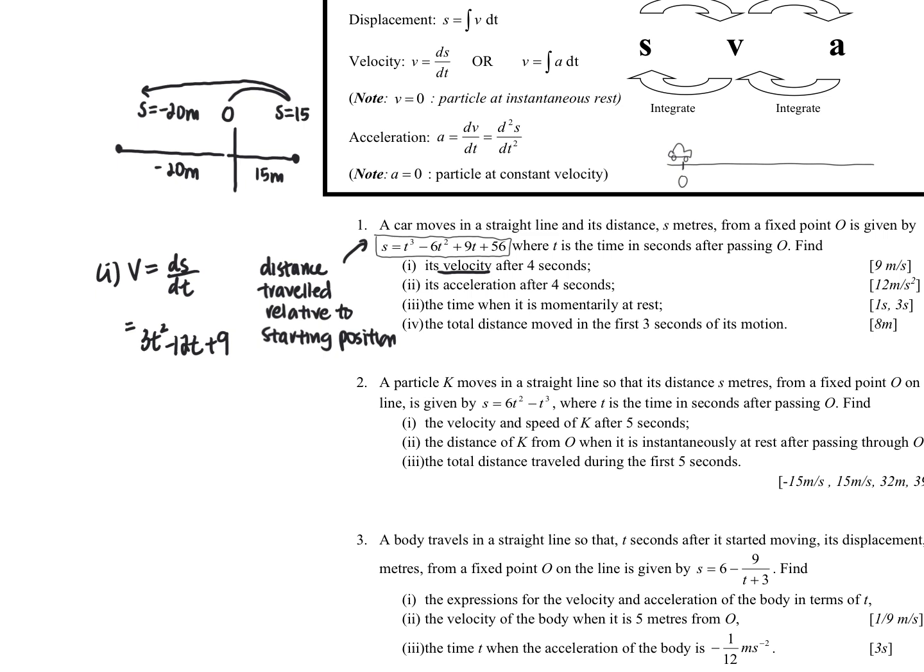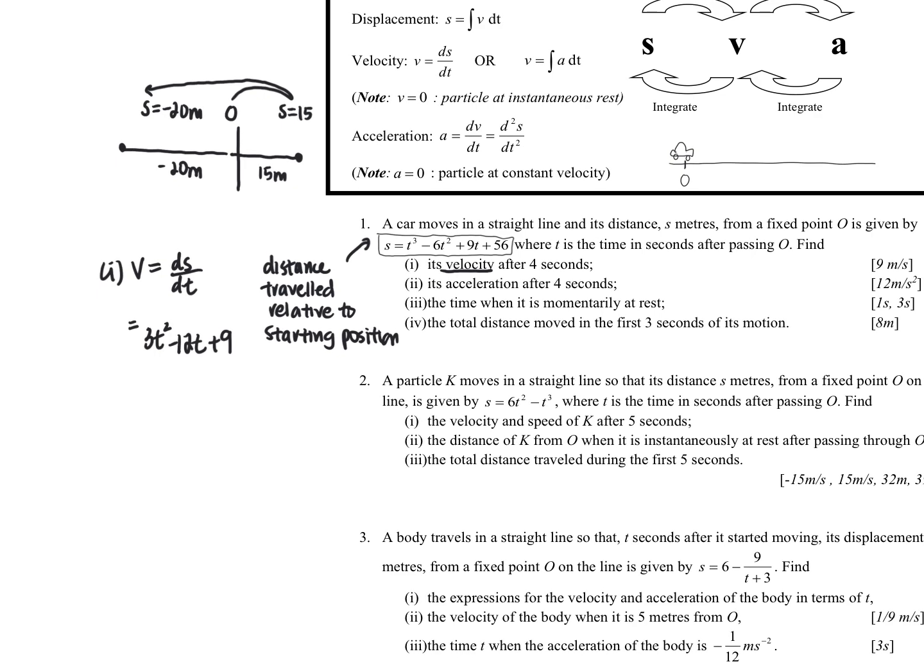So that's why I tell you, your concept of differentiation and integration is a very big part in your paper 2. You know how to do it well, a lot of chapters you can do it in one shot and you get a lot of marks. Okay, but they say after 4 seconds, so it's a good habit for you to sub in t as 4. So it will be this.